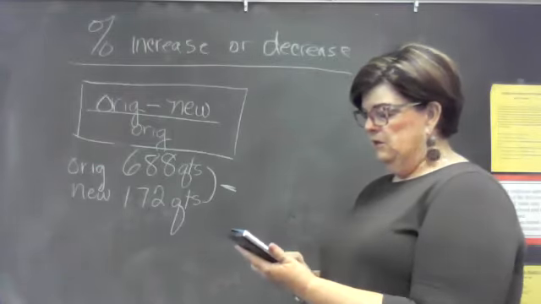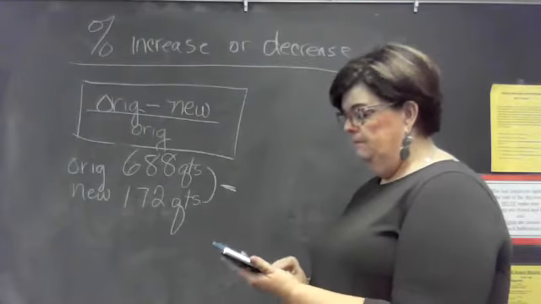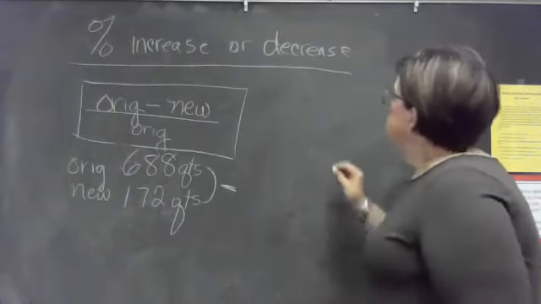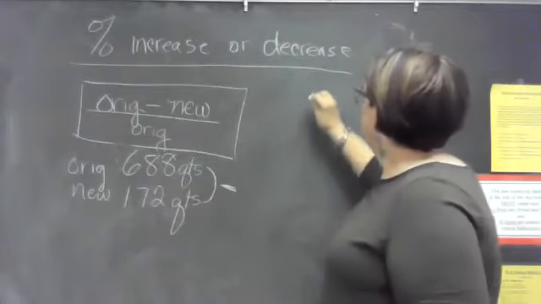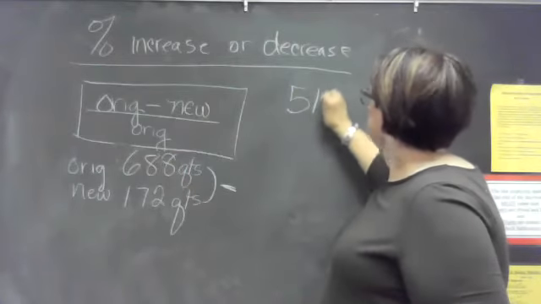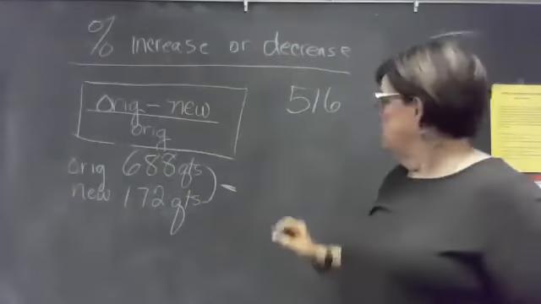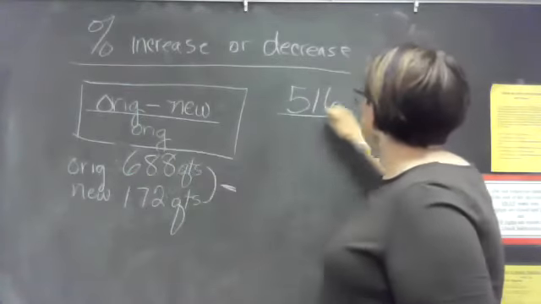So I've got 688 minus 172. Did you get 516? Yes. Okay, so the difference, I subtracted the two and I got 516. And then divide by 688. Yes, then we divide by the original. Where we started is 688. Good job.